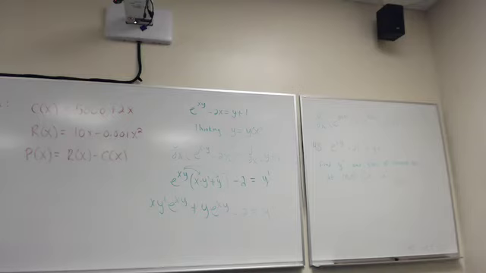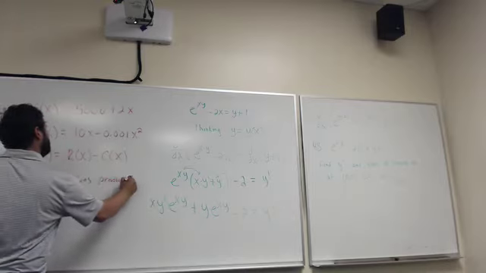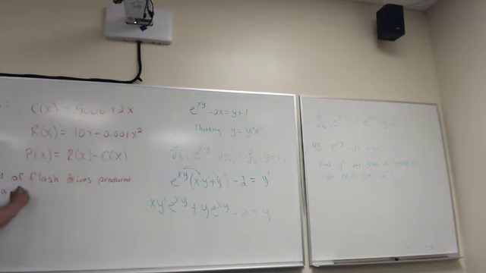X is the number of flash drives produced in a week. So essentially these are weekly cost, revenue, and profit.